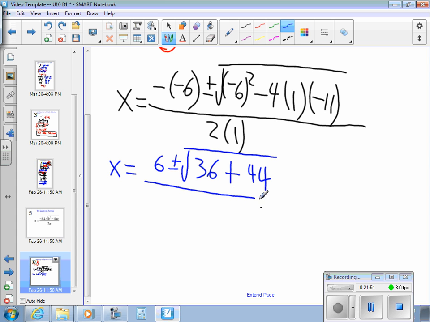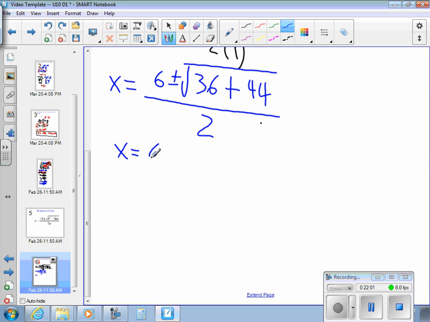Okay, and then over 2 times 1 is 2. Okay, so x equals 6 plus or minus the square root of, now let's see here, 36 plus 44 is 80. And that's over 2. Okay, we need to simplify our square root of 80.